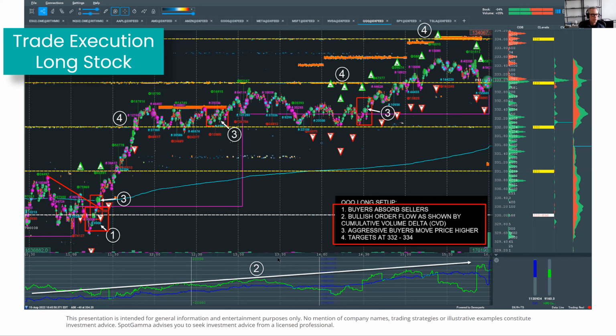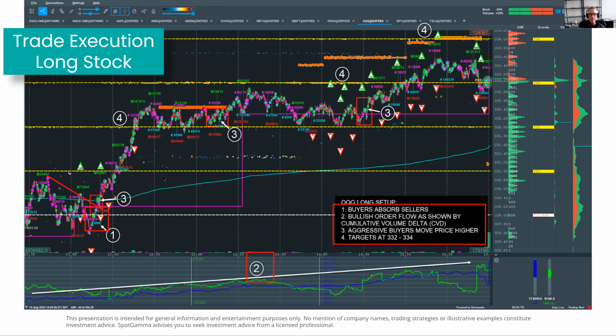And this number 2 here, this blue line is showing the positive cumulative delta. And that's bullish, showing that traders are starting to buy. So 3 really would have been the first good entry. Trend break, aggressive buyers coming in.